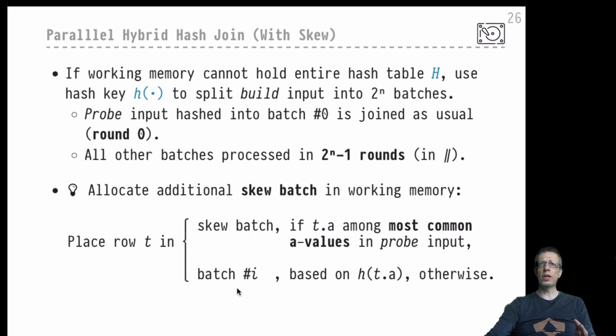If this is not the case, then we will just place the row in its associated batch as is common. All right, so that would be one tweak to the idea that helps to speed up the join operation here.